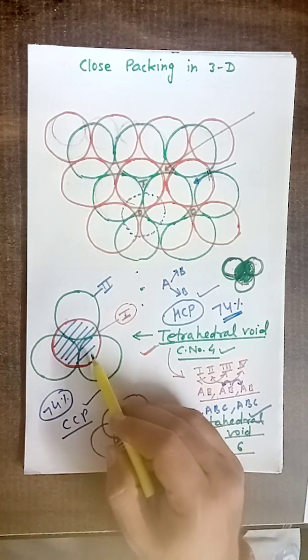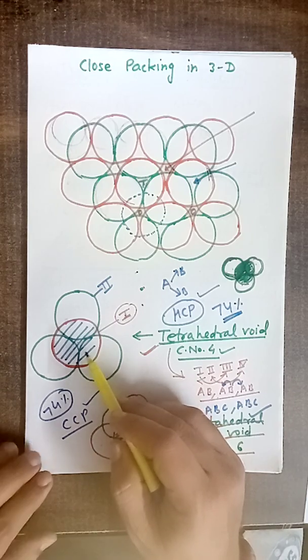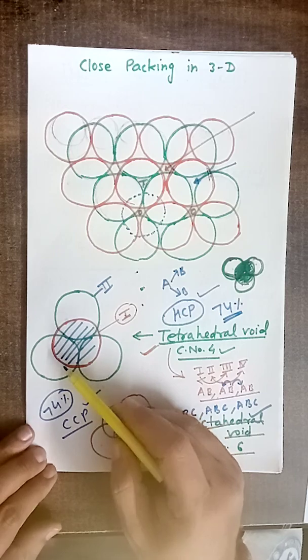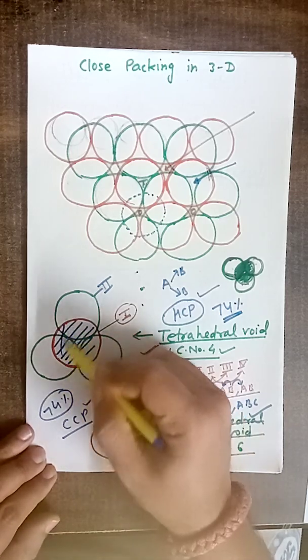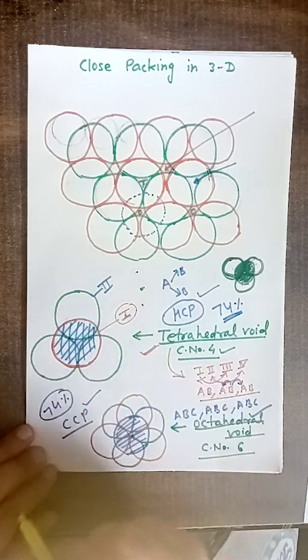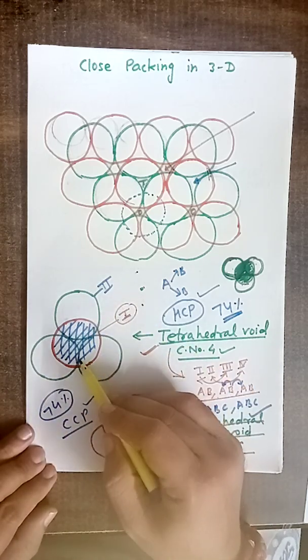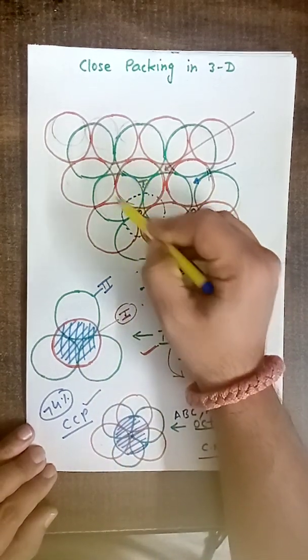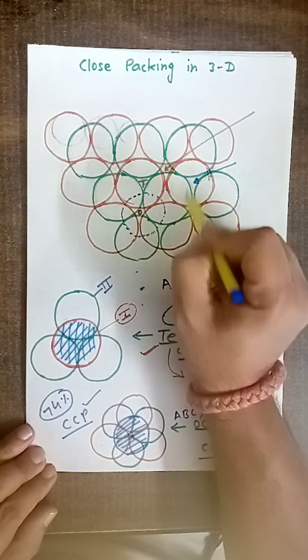So this red particle is surrounded by a total of 6 green particles, 3 above it and 3 below it. I repeat, this red particle, this shaded particle, is surrounded by a total of 6 particles, 3 above it, 3 below it, and if you see here, this red particle is surrounded by 6 other red particles in its same plane.